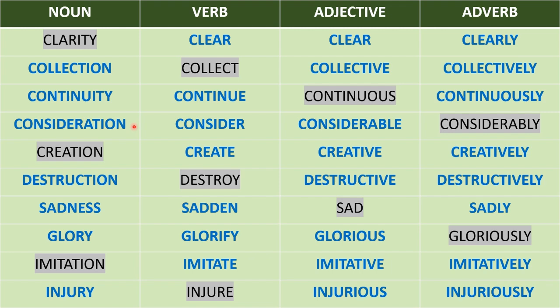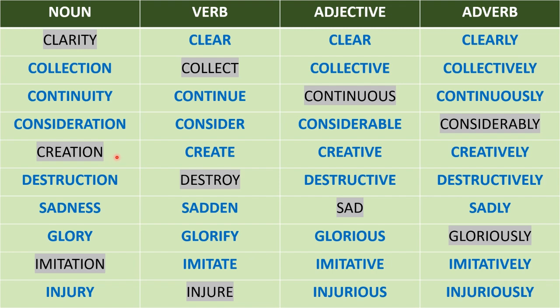So making sentences with them, 10 sentences per word I said, is your homework. Now considerably is there, consideration noun form, consider verb form, considerable adjective form. These are the 3 missing ones.